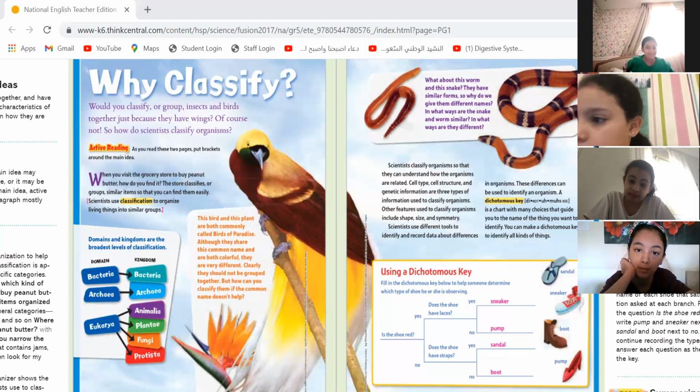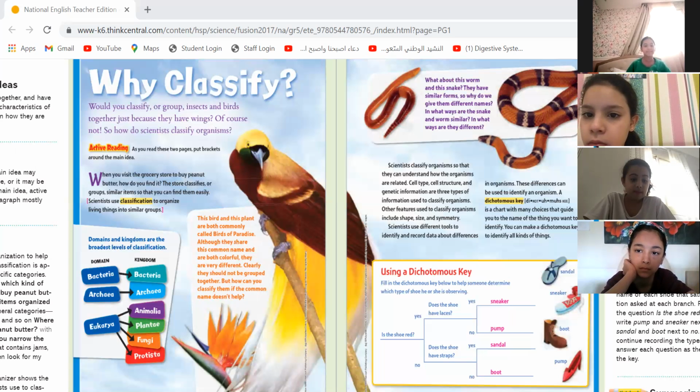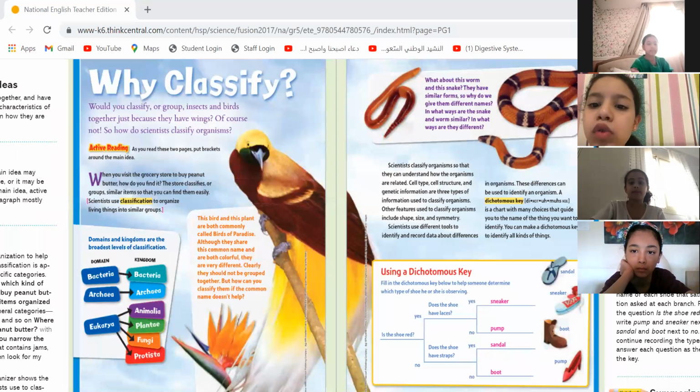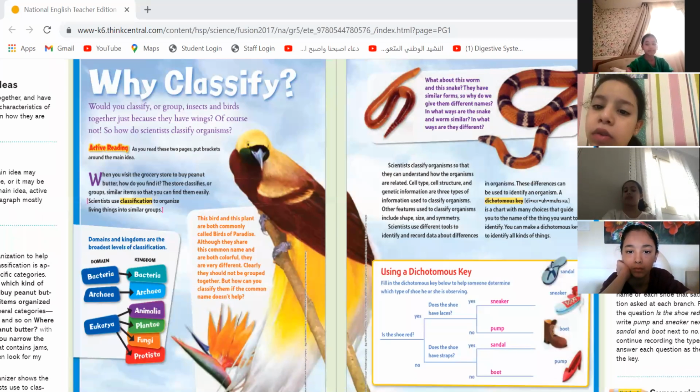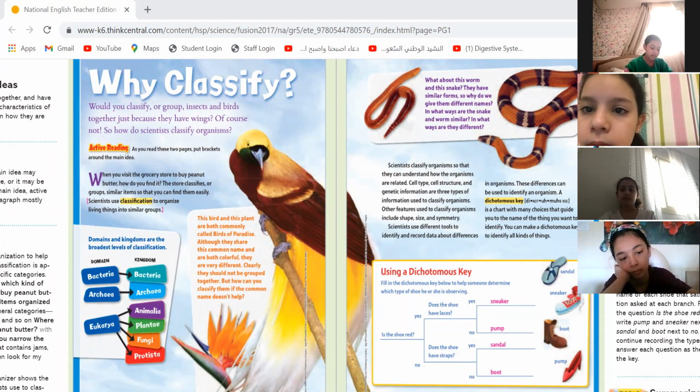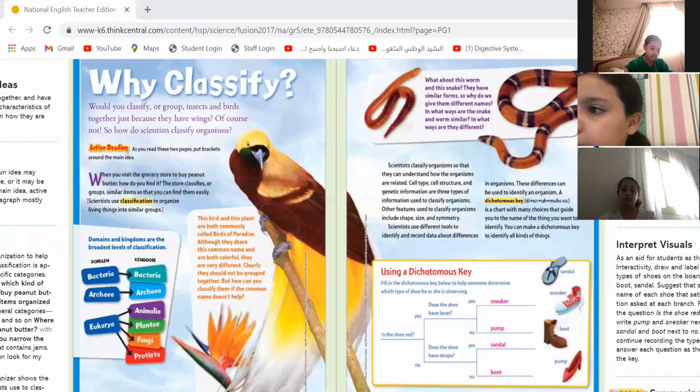You told me the groups under animals. What are the groups of animals? How many groups under animals can there be? Under the kingdom of Animalia, how many groups do you think there are? Or tell me some groups you think there are under Animalia.